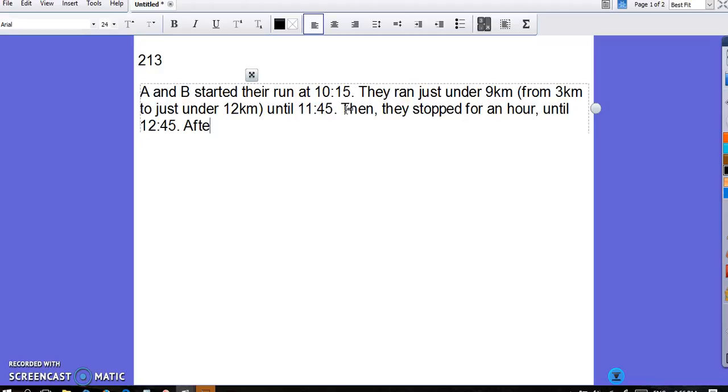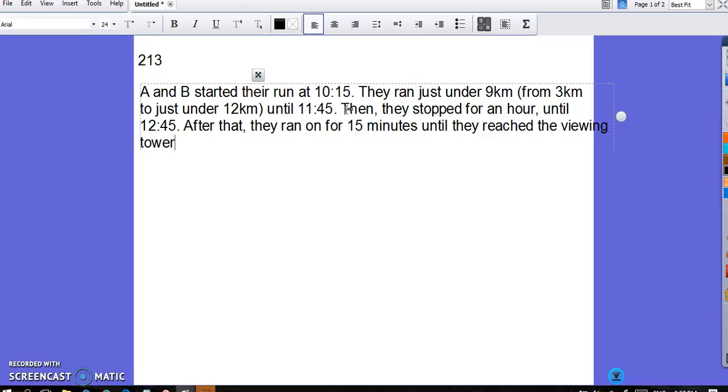After that, they ran on for 15 minutes. You see the line goes up a little bit slightly until they reached the viewing tower, where they rested for 30 minutes.